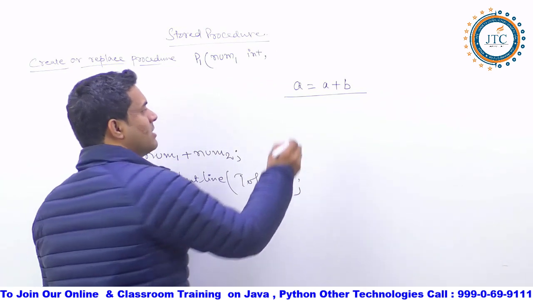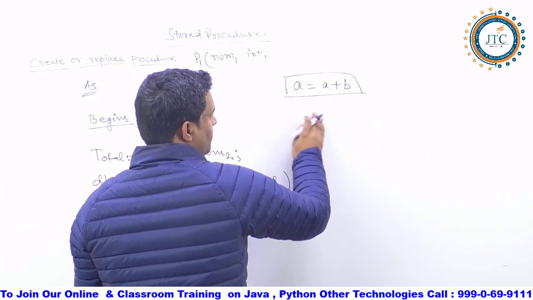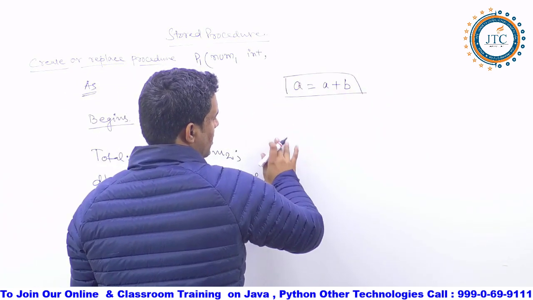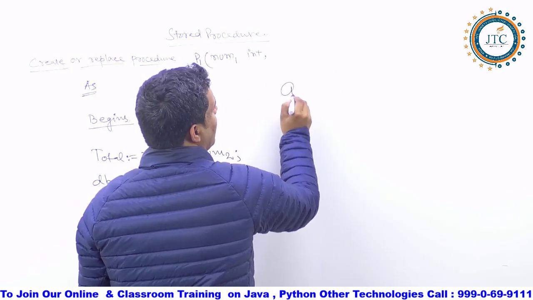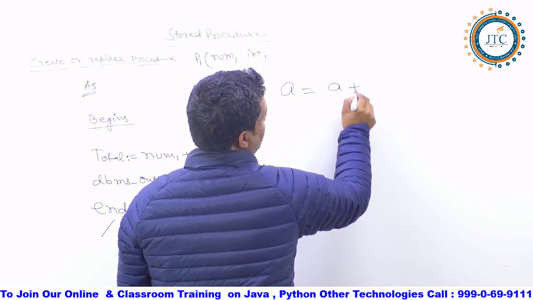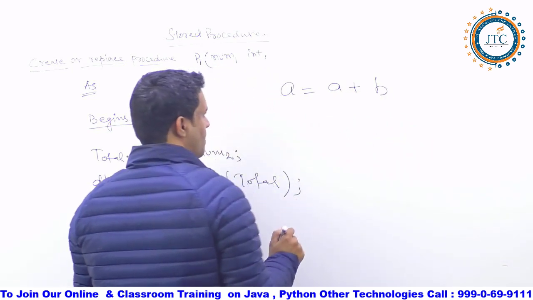I am writing A is equal to A plus B, correct? See, here you will understand it very clearly.